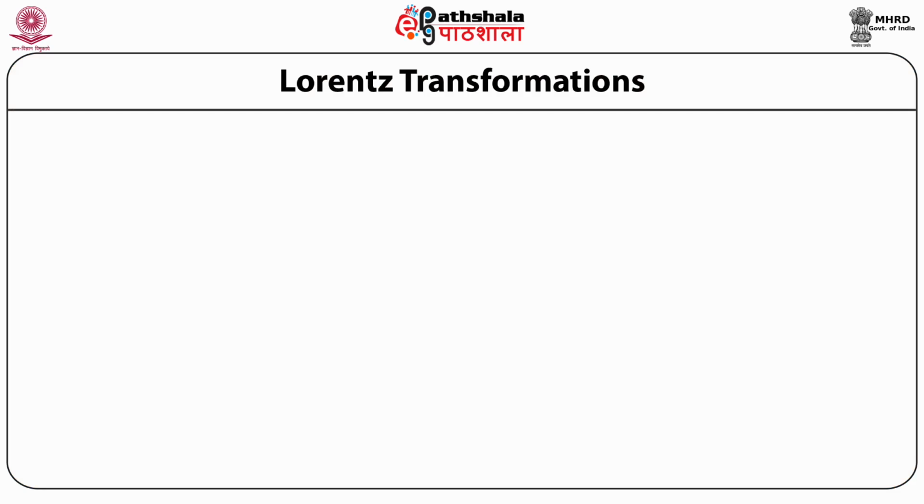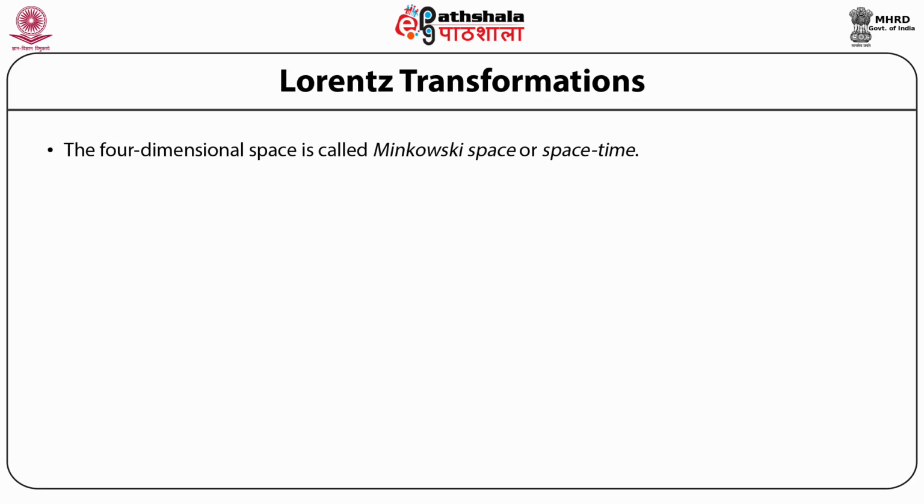Lorentz transformation. Lorentz transformations basically define the transformations in four-dimensional space, which is also called the Minkowski space or space-time. Normally when we consider a three-dimensional space, it has coordinate axes along the x-axis, the y-axis and the z-axis, and we can transform to other coordinate systems, like the cylindrical coordinate system or spherical polar coordinate system and so on.